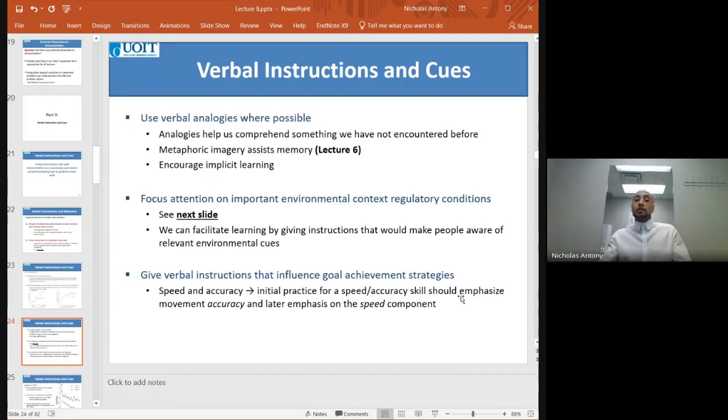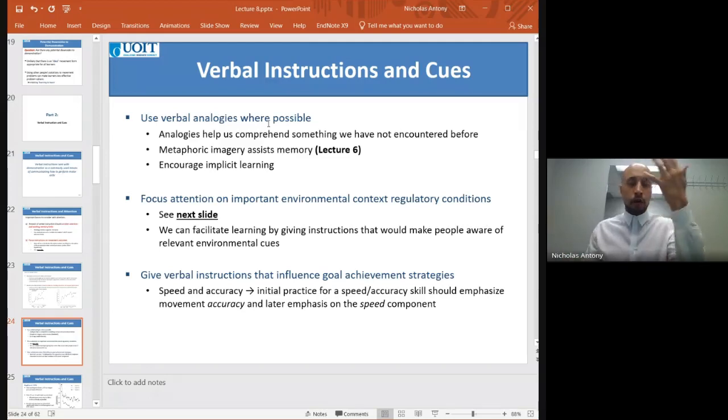Now, some other factors to consider when using verbal instructions, and this comes from the memory lecture: it's important and helpful to use verbal analogies. An analogy allows for a greater memory representation because it allows them to comprehend something that they've encountered before, like golfers with the whole clock example.